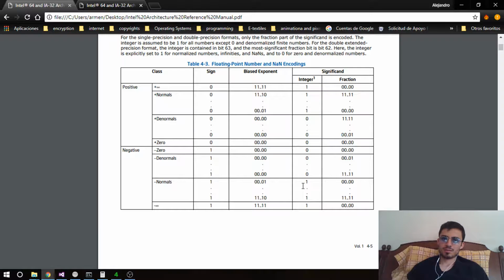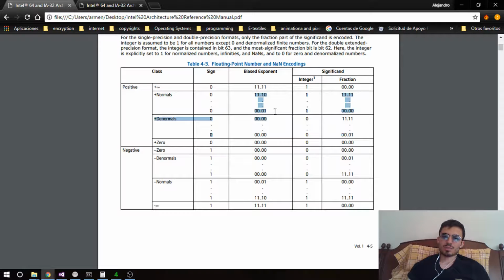Let me see, the fraction part works pretty much basically the same, although when you're working with normals, you have the exponent going from 1 to the maximum minus 1, and the reason is that if you use the maximum, it would be an infinite number.